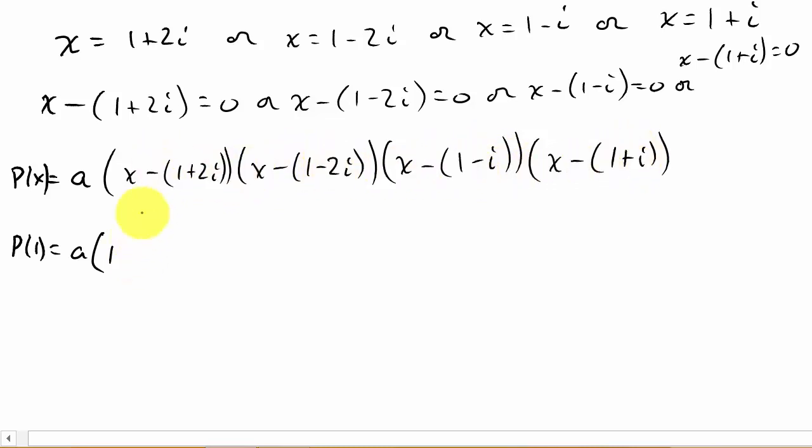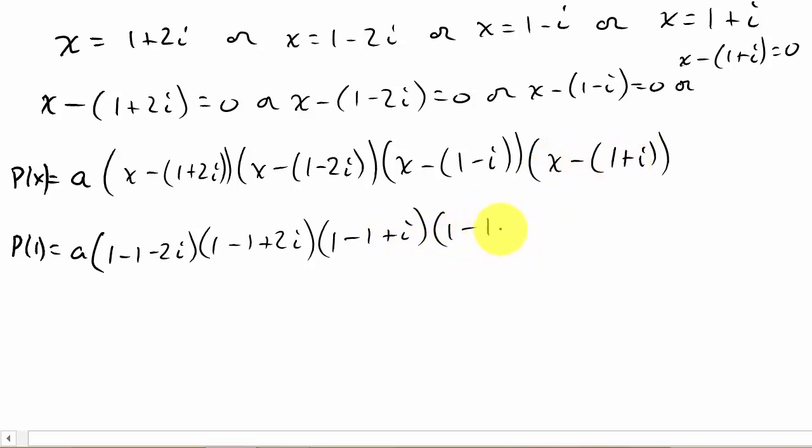That's 1 minus 1 minus 2i, times 1 minus 1 plus 2i, times 1 minus 1 plus i, times 1 minus 1 minus i. I'll make sure I didn't miss anything.